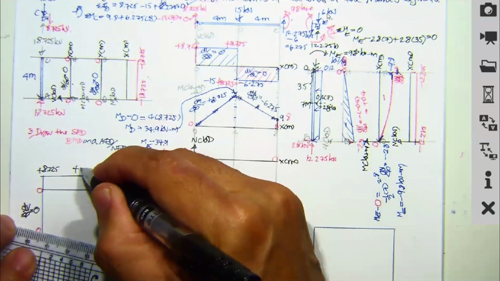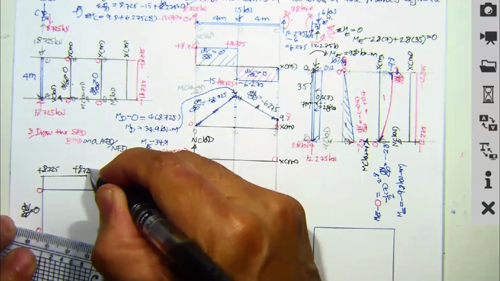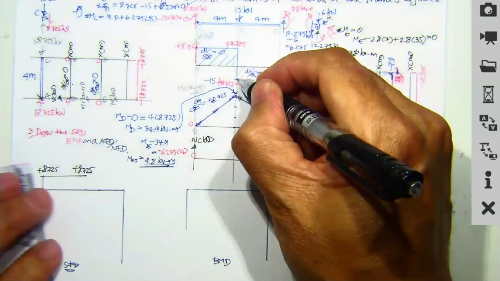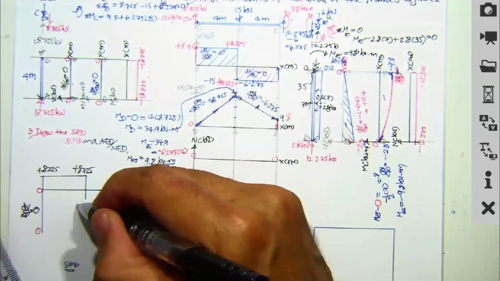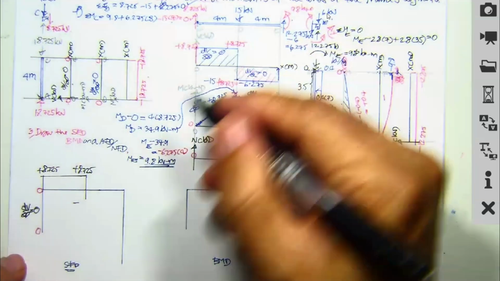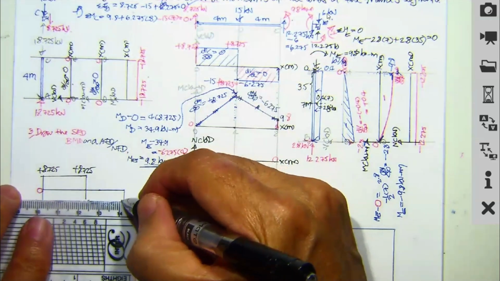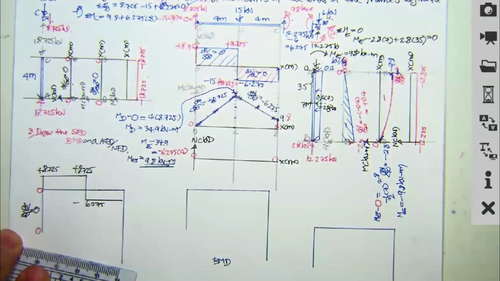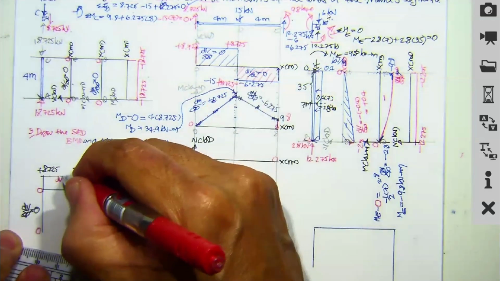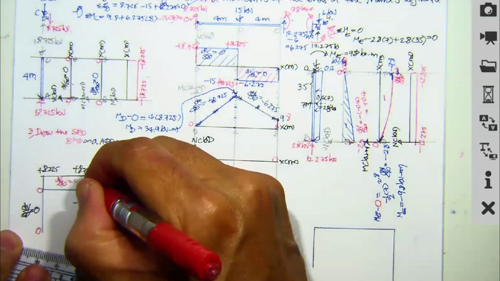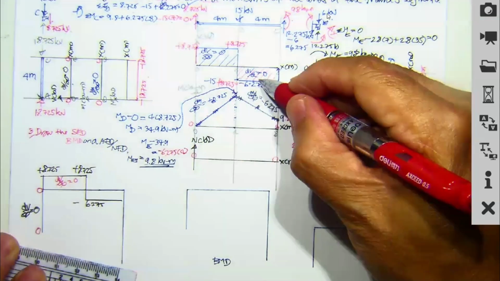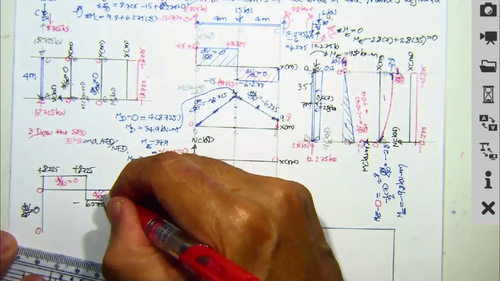This is going to be plus 8.725, and then it heads downward to minus 6.275. Just head it, and then indicate dV/dx equal to 0.